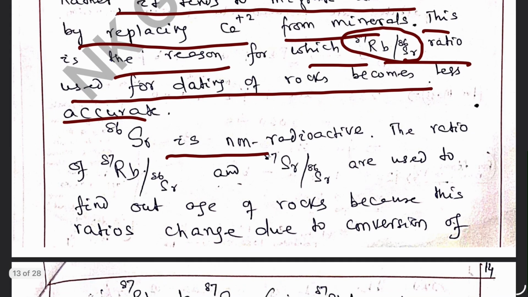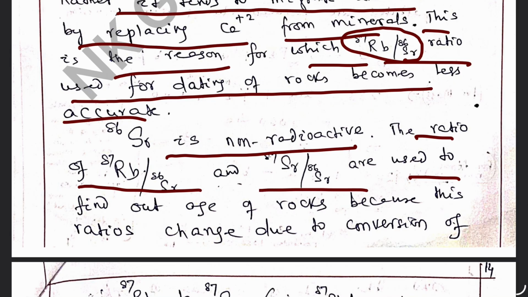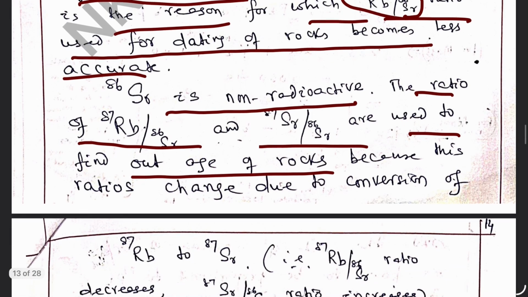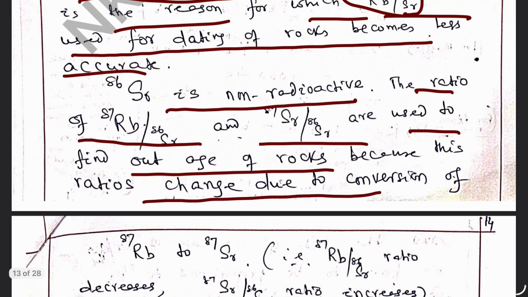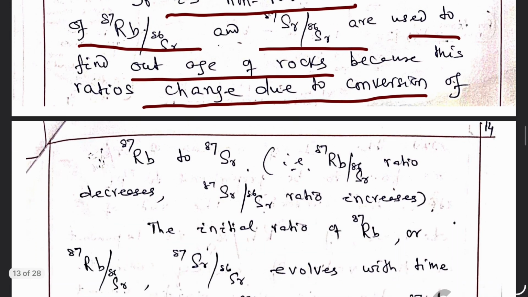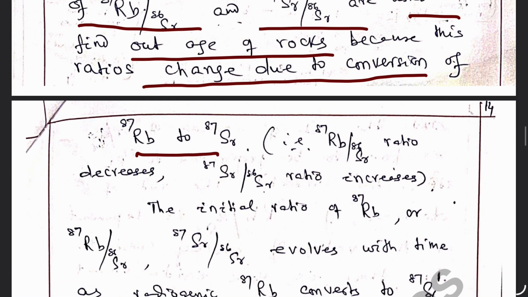So, strontium-86 is non-radioactive. The ratios of rubidium-87 to strontium-86 and strontium-87 to strontium-86 are used to find out the age of the rocks, because these ratios change due to conversion of rubidium-87 to strontium-87.